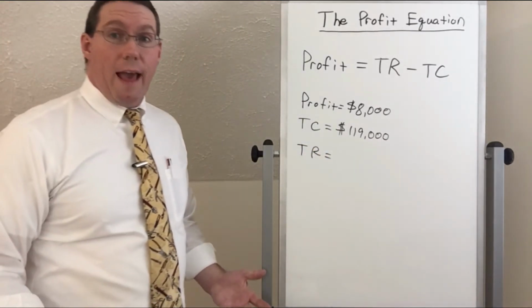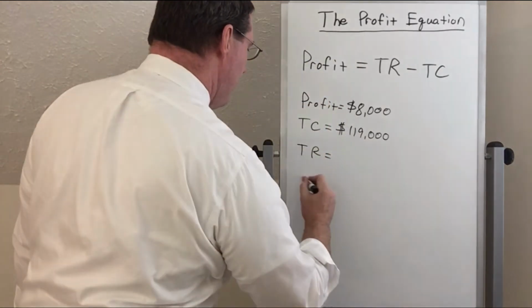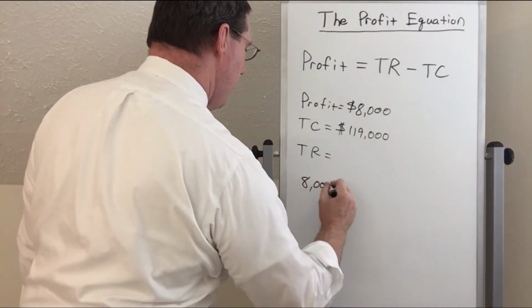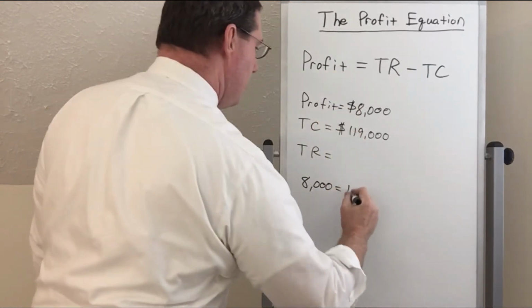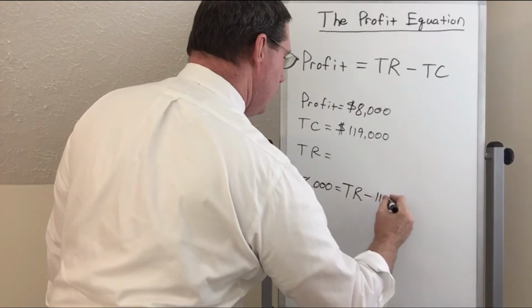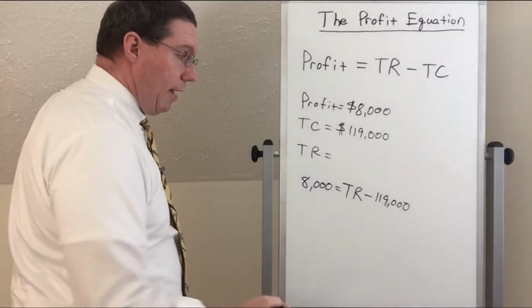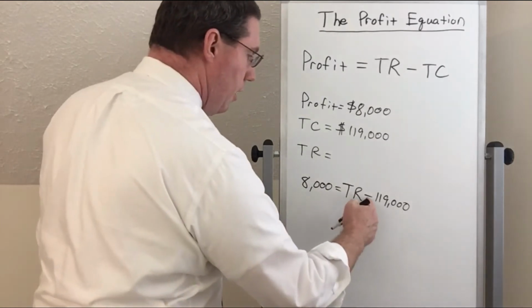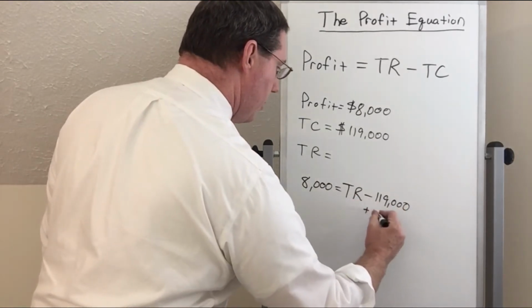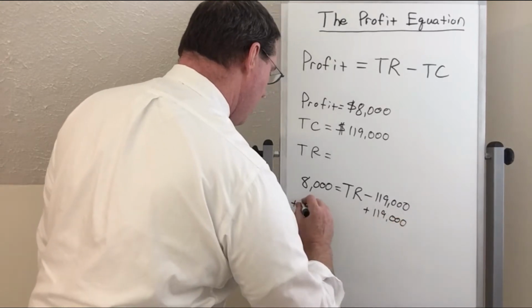Well, now we're just going to use algebra because it's an equation. We're going to put 8,000 in for profit. 8,000 equals total revenue, TR, minus total cost, 119,000. And now we're just going to do some algebra. We're going to solve for total revenue. Here we have minus 119,000, so we're going to add 119,000 to both sides.